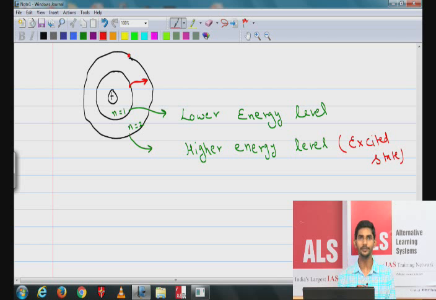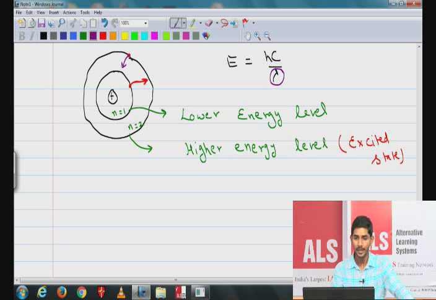And if it gains some energy, we know that energy is equal to hc by lambda according to Planck's quantum theory. So if the electron gains some energy, it will definitely have some wavelength. And whenever an electron jumps from a higher energy level to a lower energy level, obviously it will lose some energy.